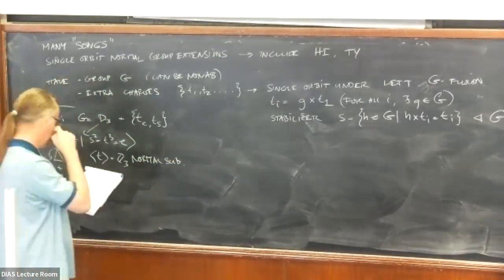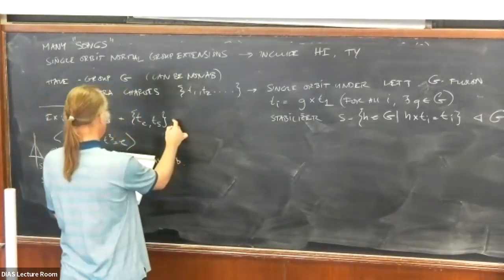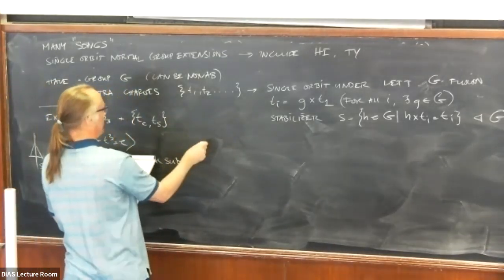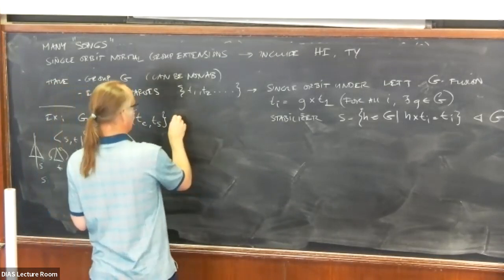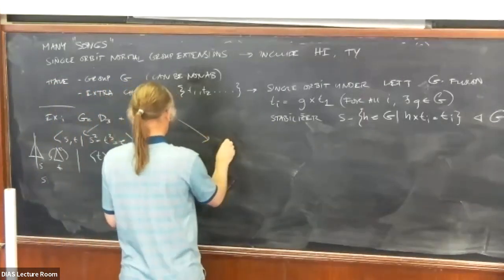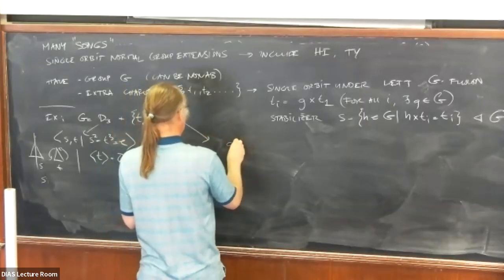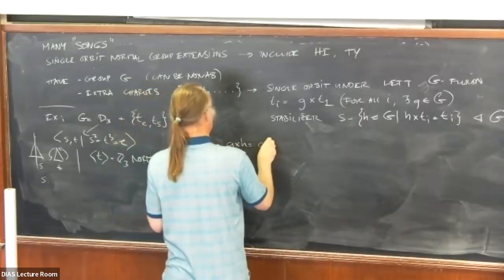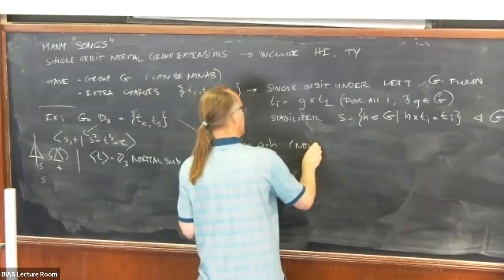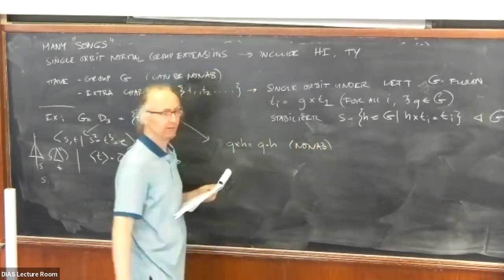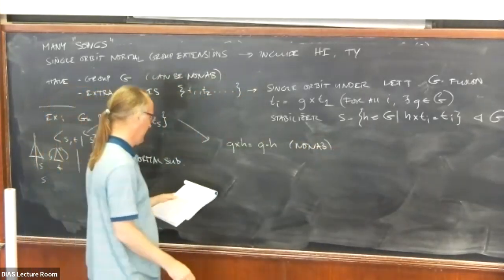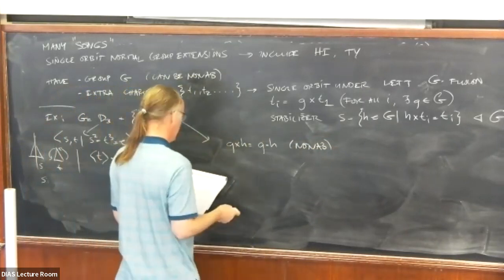And then what we can do is here we will have fusion rules. Well, D3 times h is h, for any elements in D3, and this is already non-Abelian because D3 is non-Abelian.